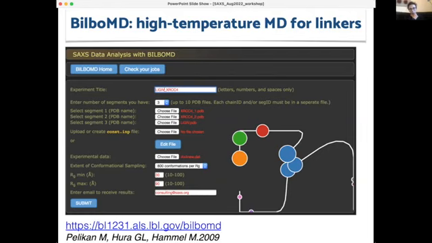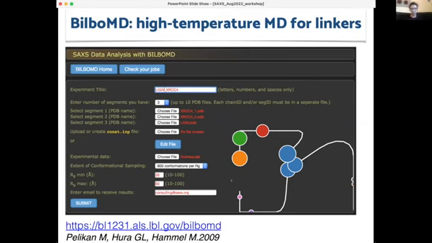The main difference is that it uses high temperature MD for sampling of the linkers. So for some systems, maybe this robotics-based sampling is better. For some systems, maybe this one is better. But you can try both and see what works best for your system.